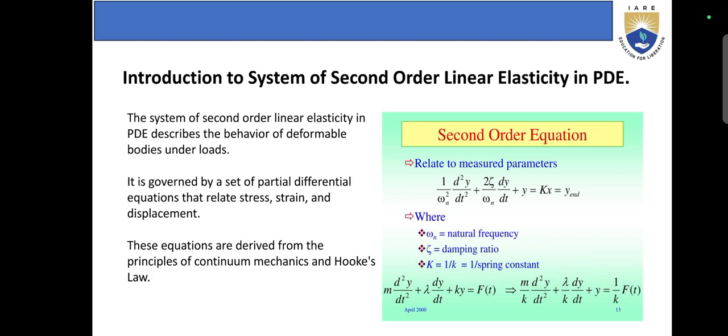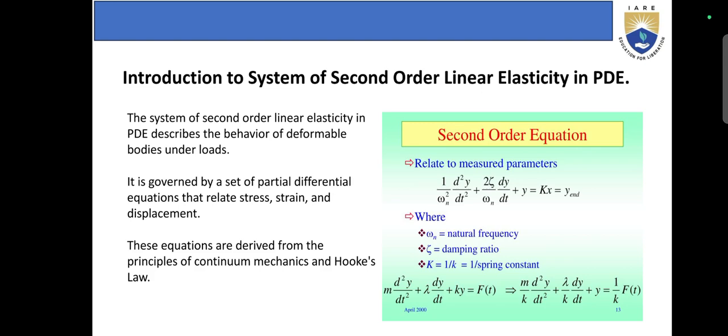The system of second order linear elasticity in PDE describes the behavior of deformable bodies under loads. It is related to the parameters m d square y by dt square plus lambda dy by dt plus ky equals f of t, and it is governed by a set of partial differential equations that relate stress, strain, and displacement.